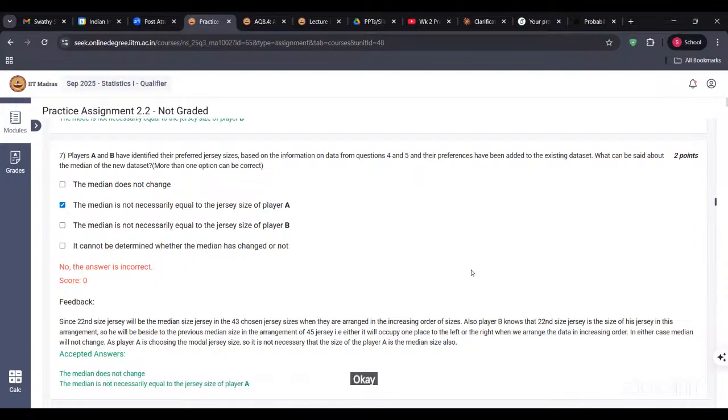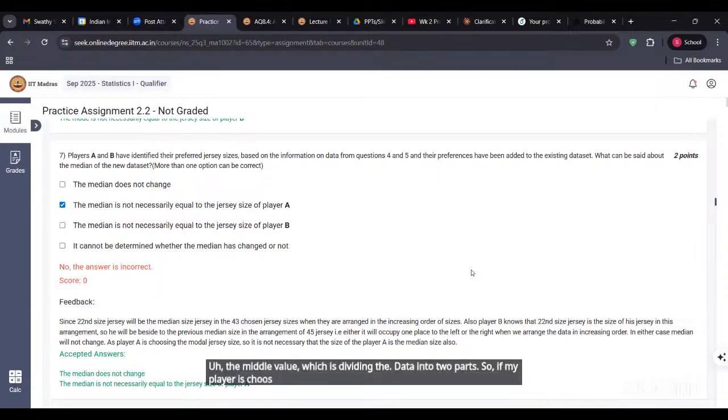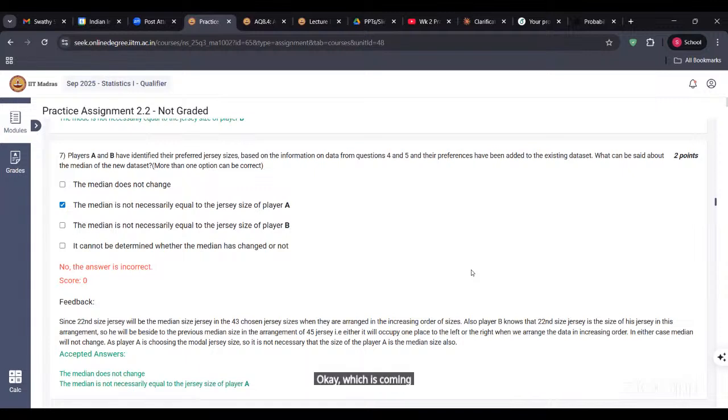Okay. So what is median? Median is basically the middle value, which is dividing the data into two parts. So if my player is choosing the 22nd value, let's suppose, just a second.